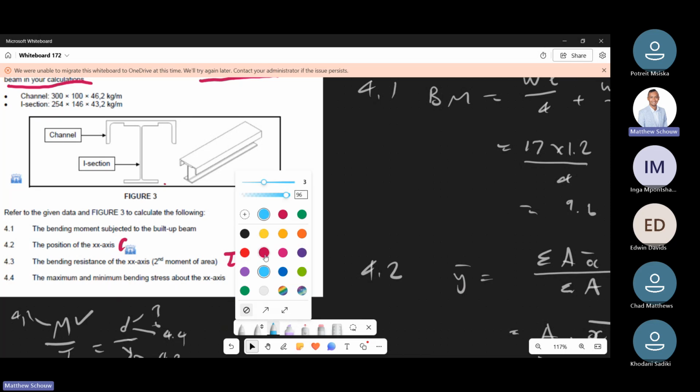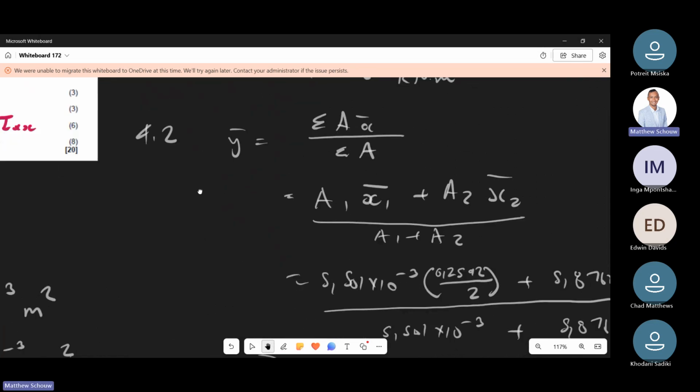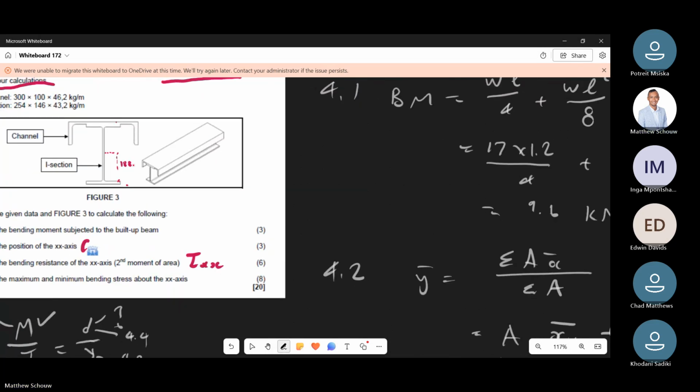Choosing red: from here to here, it's roughly 188 point something, 188.059.